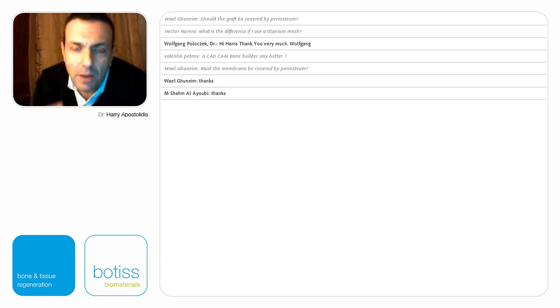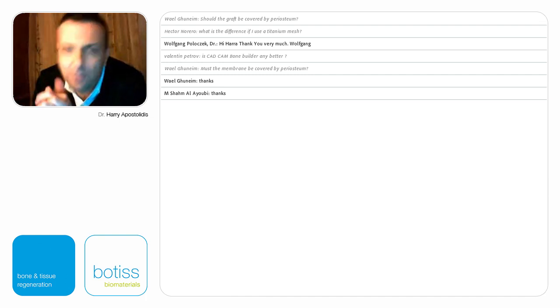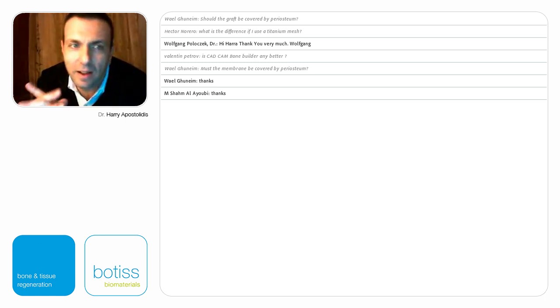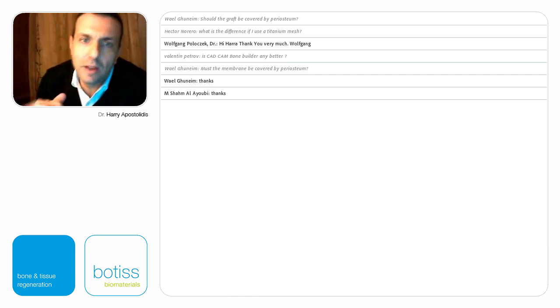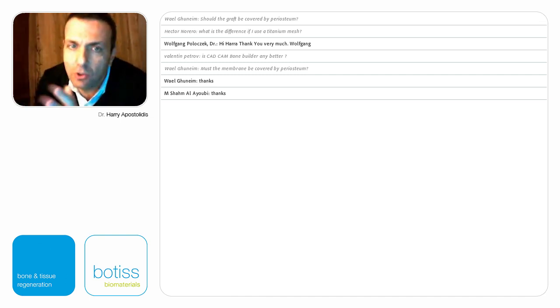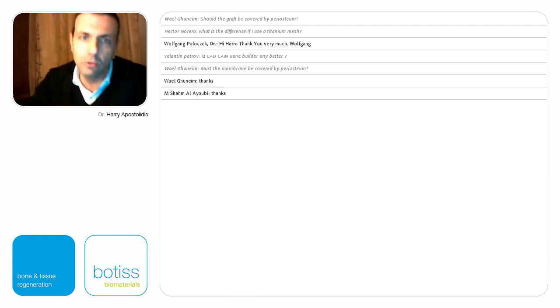So because I only use autogenous bone on the host bone, I don't really need to do cortical plate perforation. All the cases that you have seen, and actually all my cases, I never do cortical plate perforation. You don't need to do it if you're doing bone blocks. Now it's another question if you're trying to do a horizontal graft augmentation with particulate graft. I don't really do that kind of technique, so I'm not the best person to answer that.